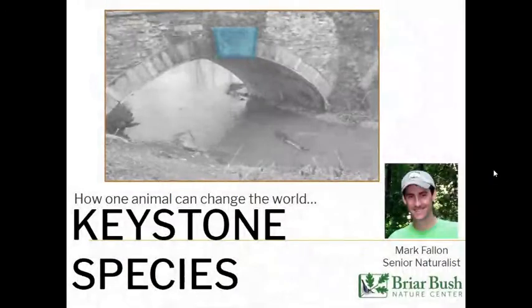So we're talking today about keystone species. Most people know a keystone is this big stone here in the center of an archway or an arched bridge, like this one in Wissahickon Valley Park nearby.